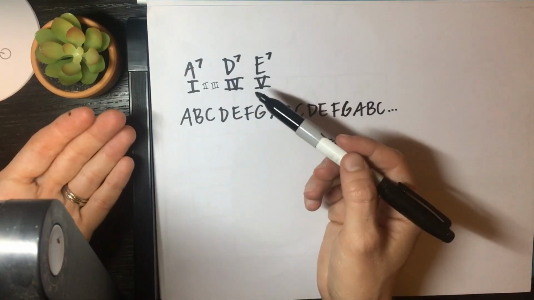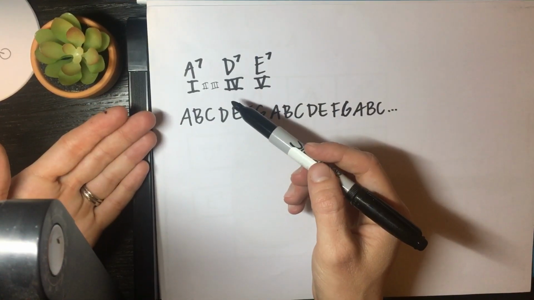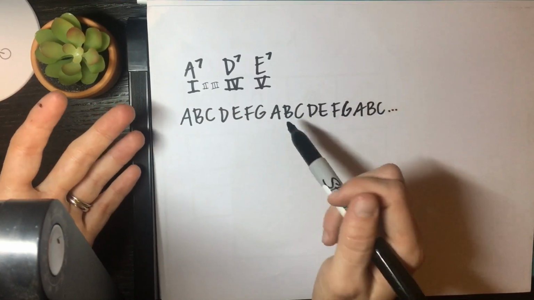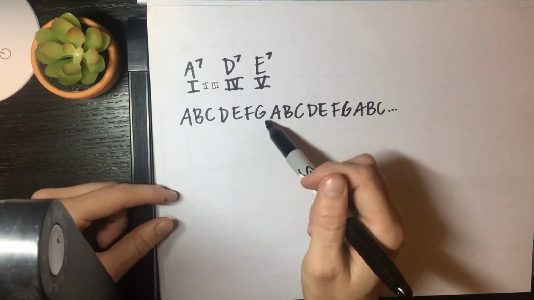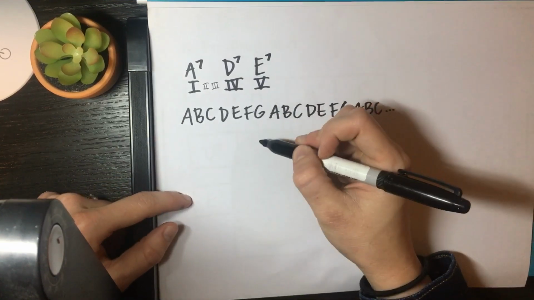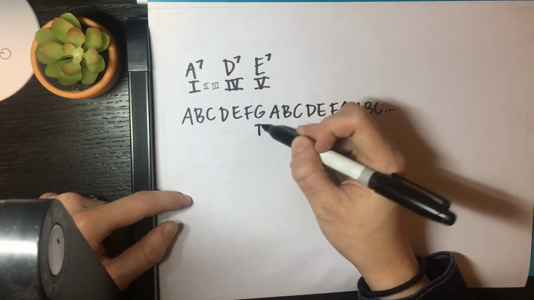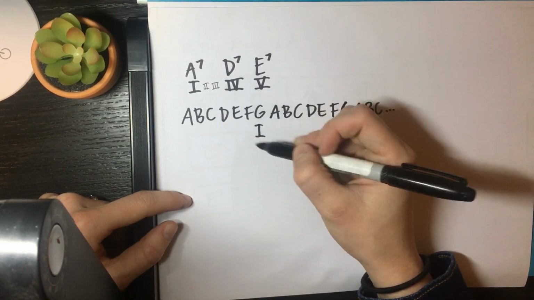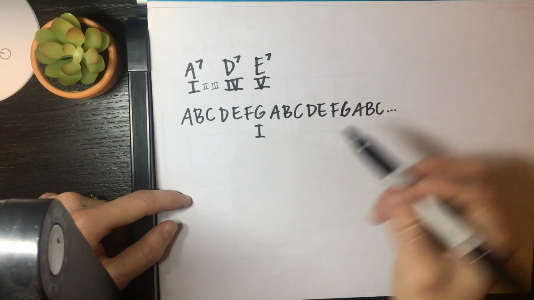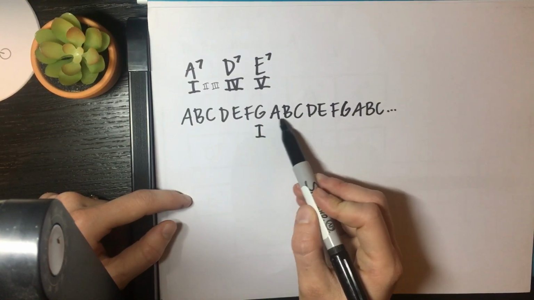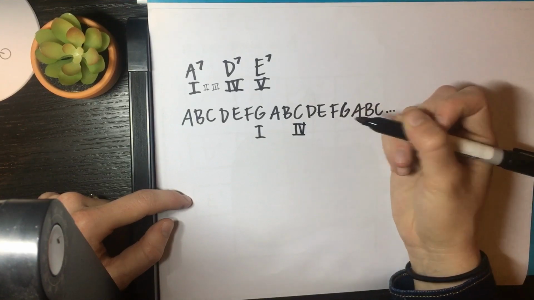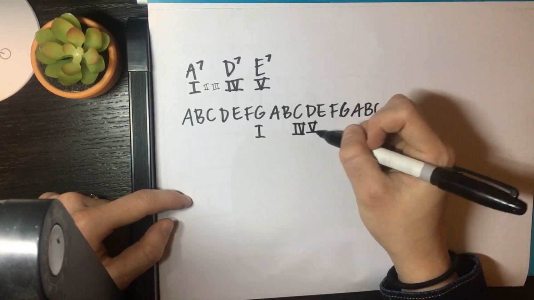So we can take this 12-bar blues and start it on any note. So what if we started it on G, and G was our home note instead of A? So if G was now our home note, note number 1, Roman numeral 1, then what would our 4 be? We would count 1, 2, 3, 4, and C would be our 4 chord, and then D would be 5.